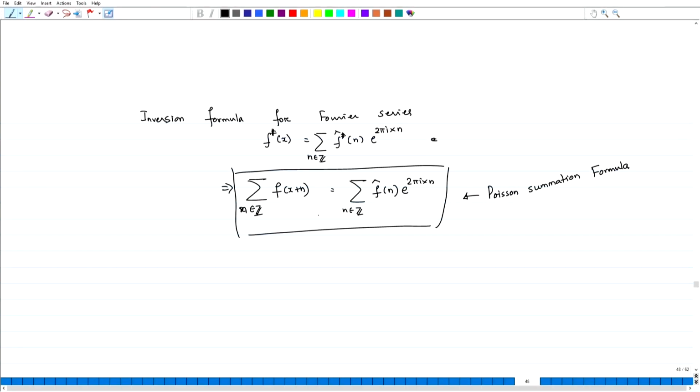Okay. So now in particular, if x is equal to 0, then this formula becomes the summation over n in Z of f of n is equal to the summation over n in Z of f hat of n.